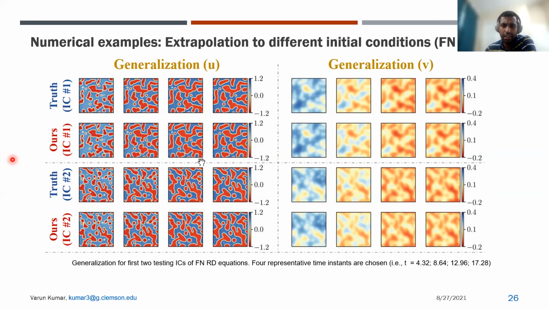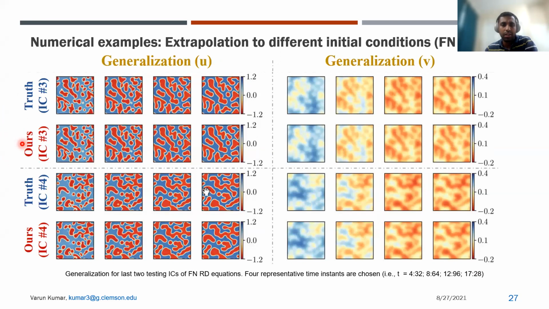And again, you see an extraordinary ability to predict the actual ground reality. This is also the case as you move on to the other 2 initial conditions as well. The results are very accurate and match the ground reality very well.